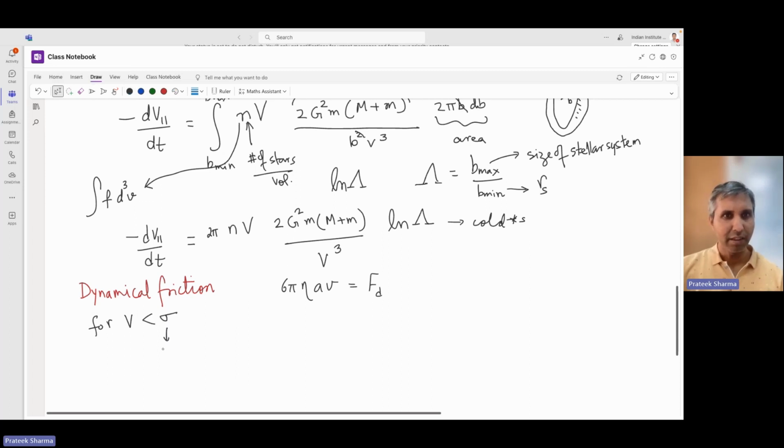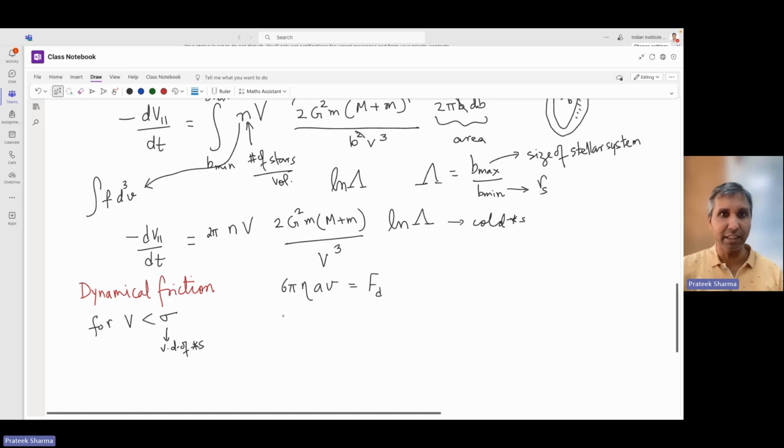Sigma is the velocity dispersion of stars, right? This collection of stars on which you throw a galaxy. V is the velocity of approach of the galaxy. If the velocity of stars is bigger than the velocity of approach, they have a random motion of their own, which is very large. So it won't feel as much gravitational influence of the projectile galaxy.